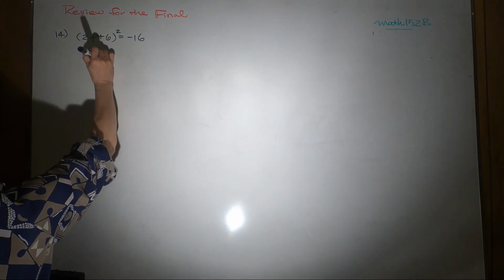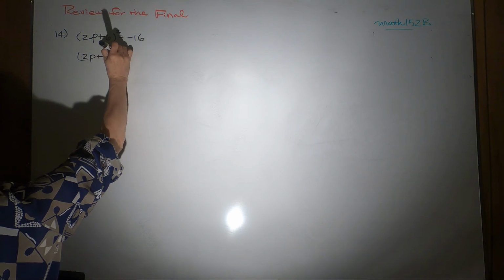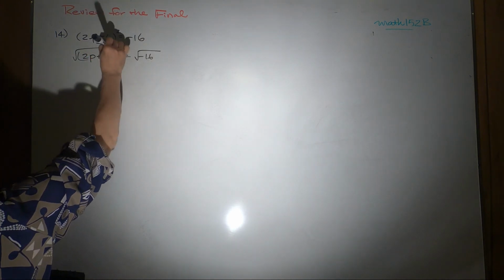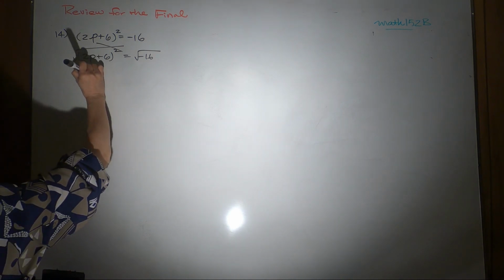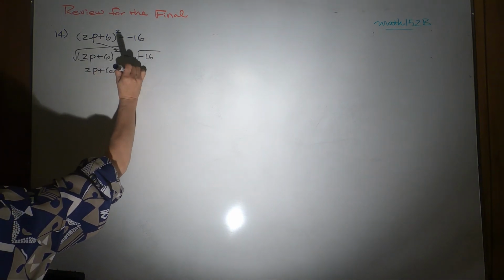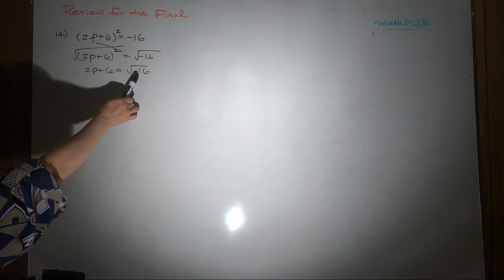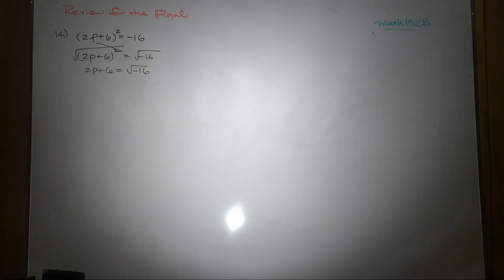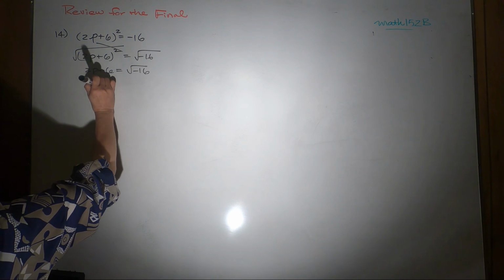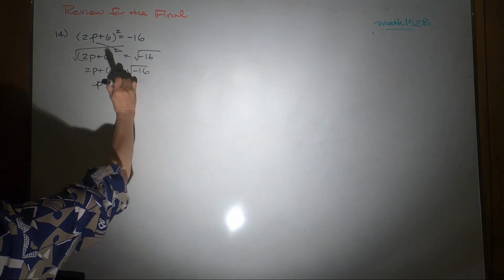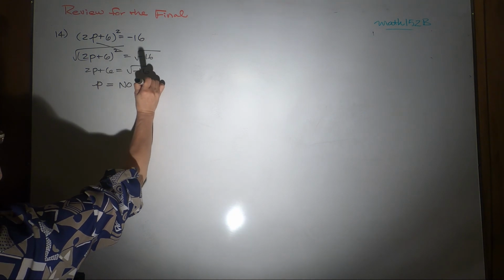If you take a square root, for this one, those cancel. Then you have this. However, can we have a negative number inside a square root? No, right? So we don't have to do it anymore. So we just say P equals what? No solution.